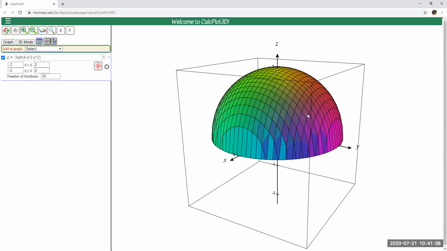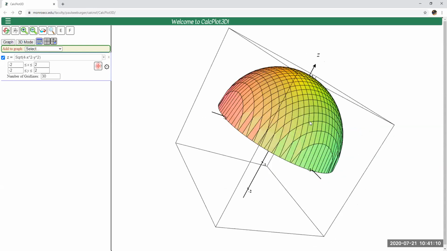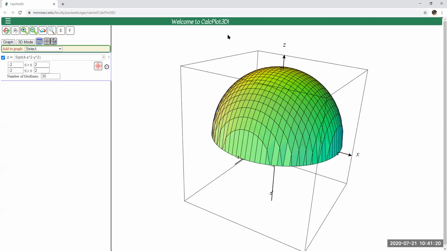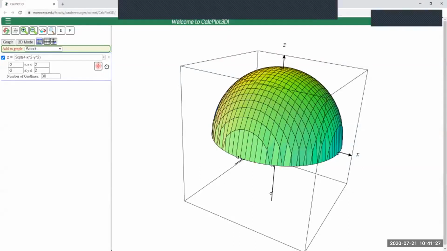That's one part of our ellipsoid. Now we should add the other part too, the minus part, right?